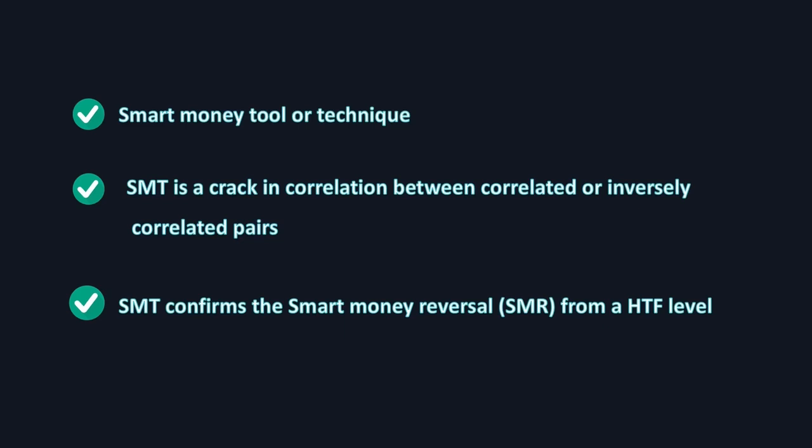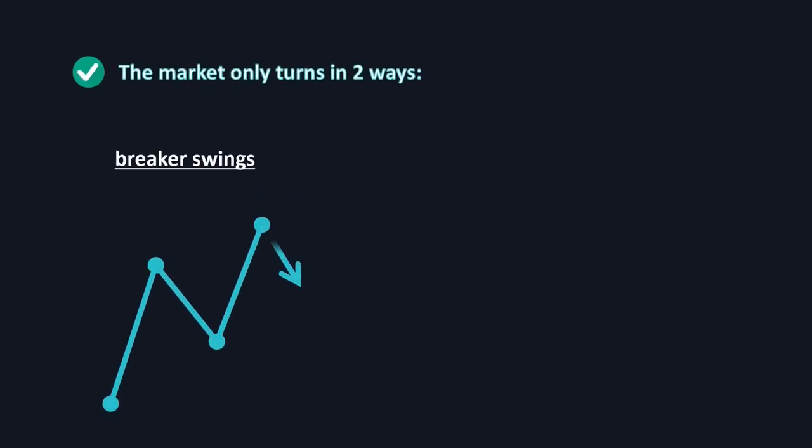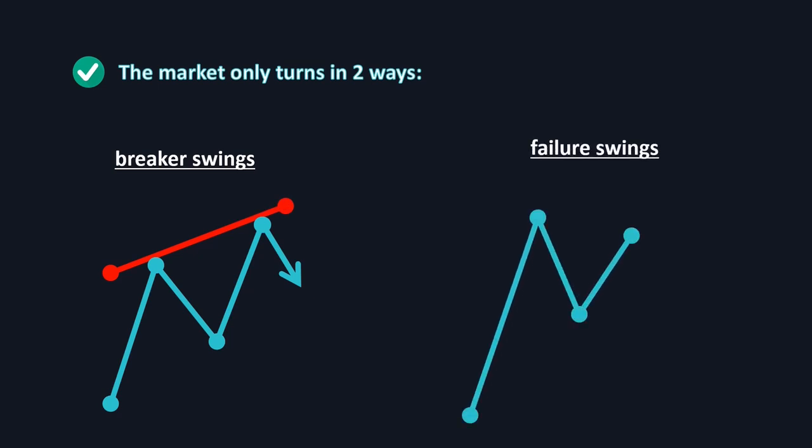The simplest way of identifying a crack in correlation is by spotting a failure swing between 2 correlated assets. The market only turns in 2 ways: breaker swings and failure swings. A failure swing occurs when one of the assets fails to move in harmony with the other, failing to create a lower low or higher high, depending on the trend.